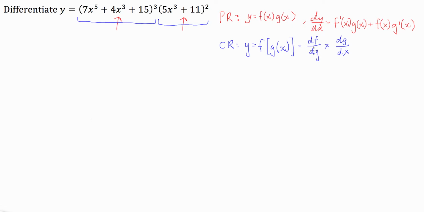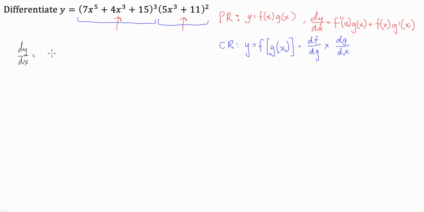So I'm not going to run through them anymore because I've got other videos on the product rule and the chain rule, so I'm just going to go about solving this particular equation. So we'll start with the product rule for both of these. What we're going to do is we're going to have dy dx is going to equal, so with the product rule we have to differentiate the front one and leave the back constant.